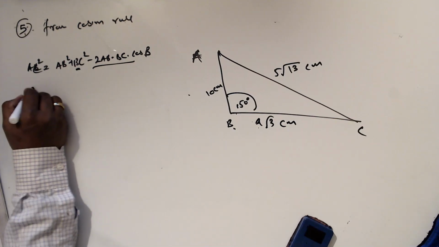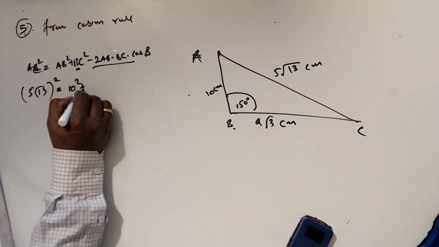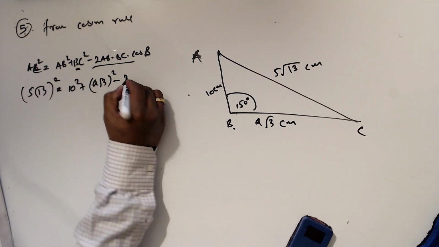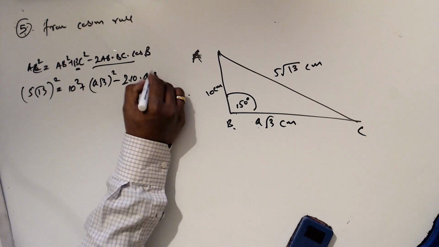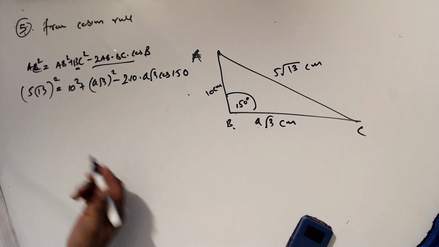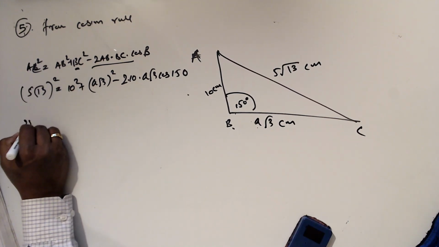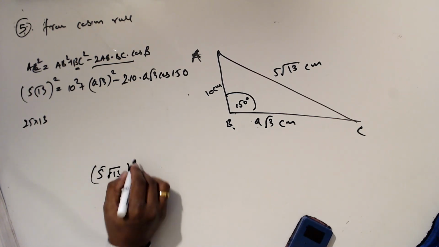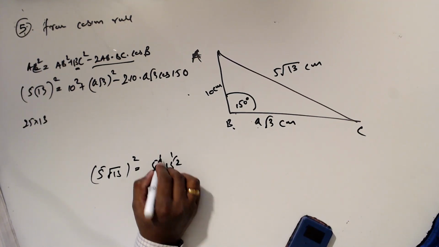Then 5 square root 13 square equal AB square 10 square plus BC A square root 3 square minus 2 times AB is 10 and BC is A square root 3 cos 150. 5 square root 13 square, it means 25 times 13. 5 square root 13 square mean 5 times square root 13, half, 1.